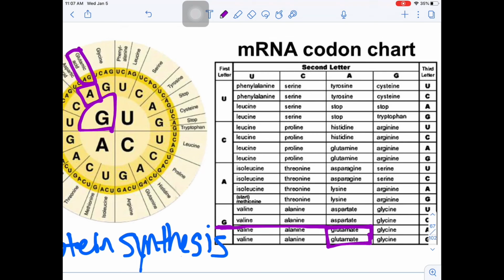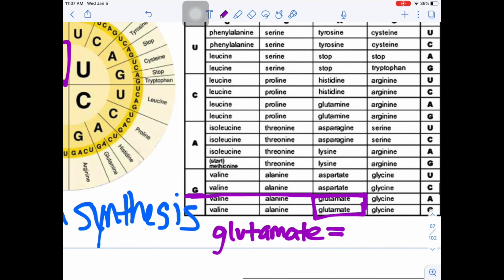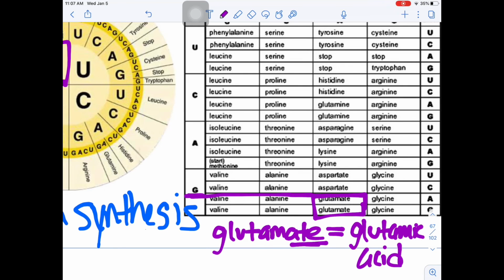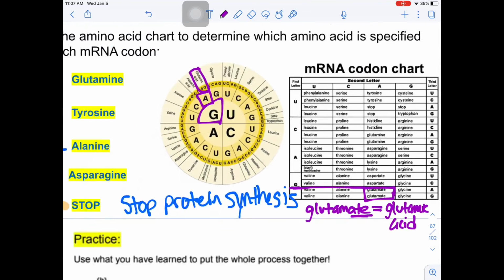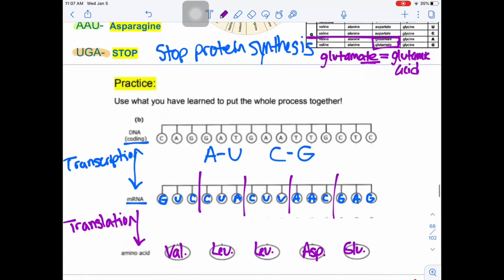Well, glutamate and glutamic acid are the exact same thing. It's kind of like how enzymes often end in the letters ASE. Acids also end in the letters ATE, so it's just another way to write glutamic acid. They are the same thing. That is still the correct answer. So either way, it's the letters GLU for that third amino acid.